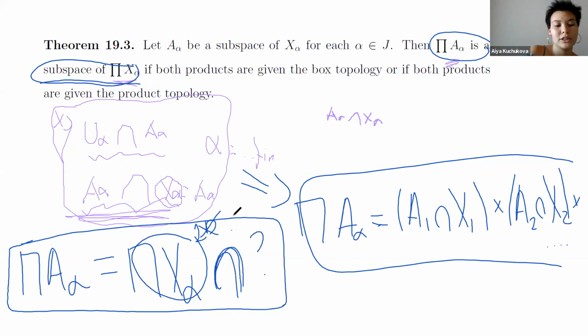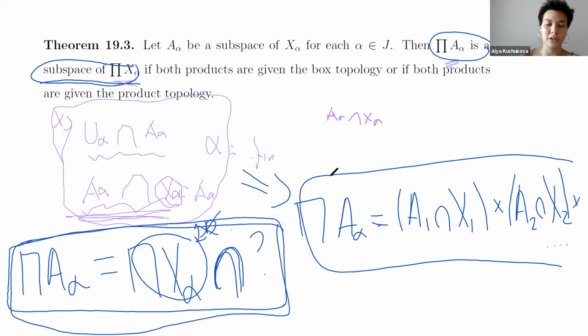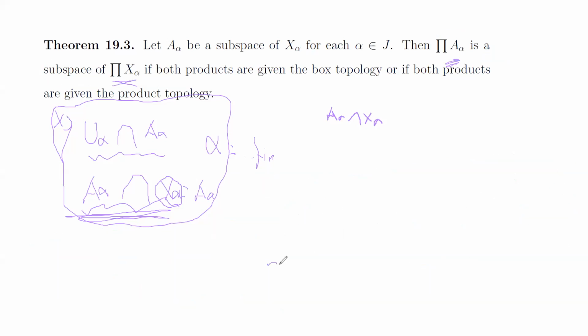Okay, I understand your problem. Actually, the open set in the subspace topology of A alpha is A alpha intersects with U alpha. It's not A alpha itself. So basically, I'll show you my proof.